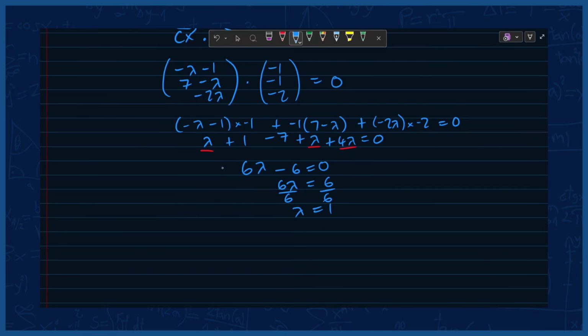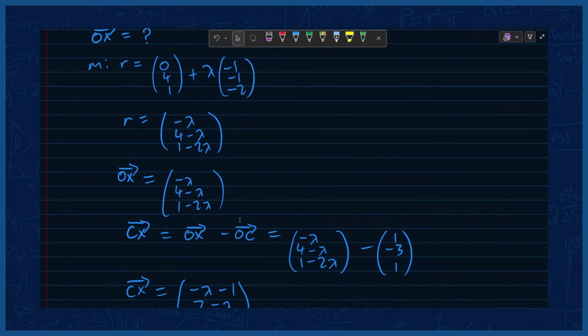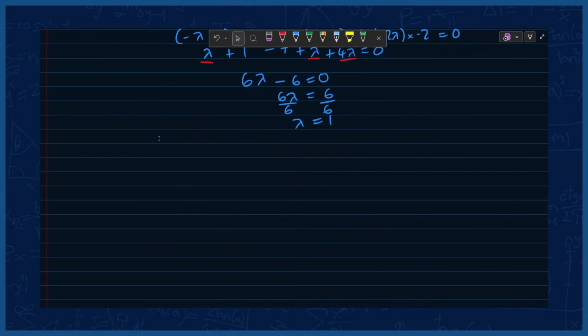Okay, so we now know that at the foot of the perpendicular, our lambda is 1. So since we know the general coordinates of OX are this, we can simply substitute in lambda to get our exact coordinates. So let's do that.